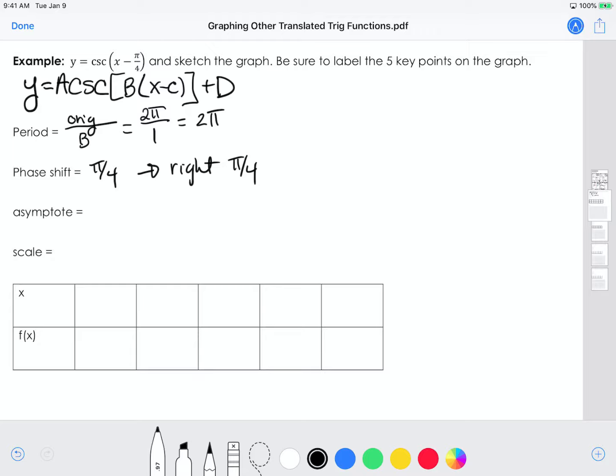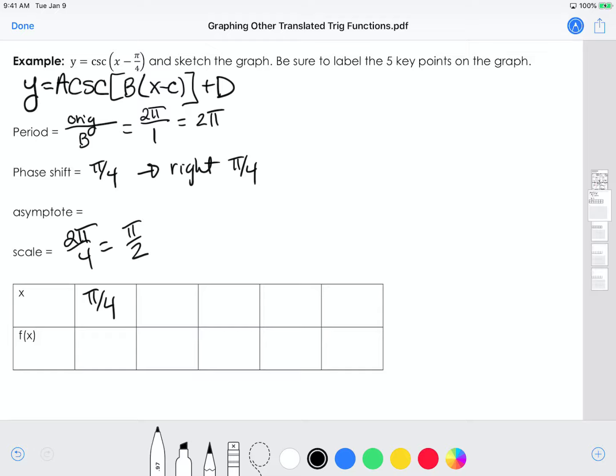And the scale is going to be 2 pi divided by 4. Right, it's the period divided by 4, so we break it up into our 4 chunks, which is going to be pi over 2. So because it's shifted over pi over 4, we're going to start at pi over 4, and I'm going to keep adding a half a pi.